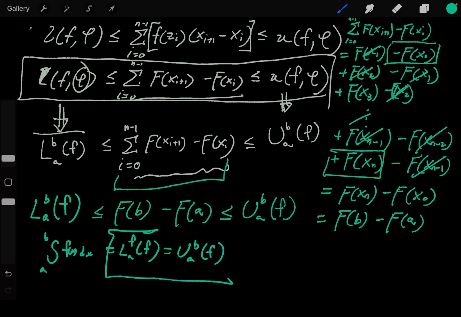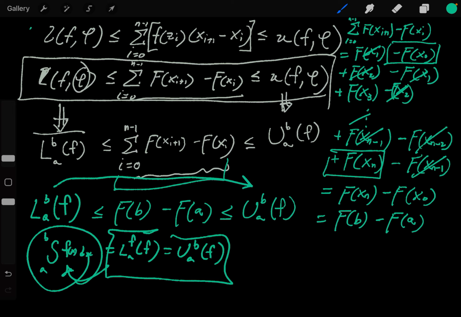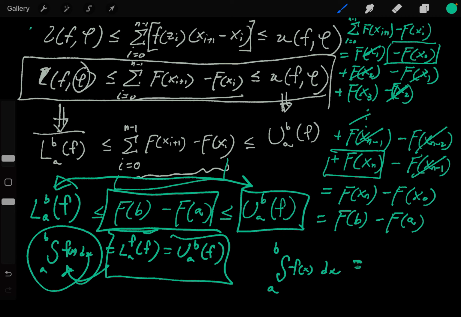So if this is true, then we say that the integral equals these two values, which match. Since this integral is defined, these two values are indeed equal, which means the integral equals those two values, and then this must equal that integral value. So the integral exists, we know that, so therefore this must equal this, which forces this to be equal to all three as well, and you have your fundamental theorem.